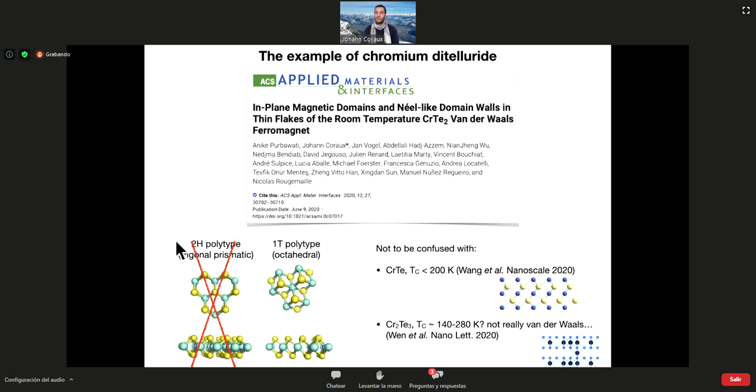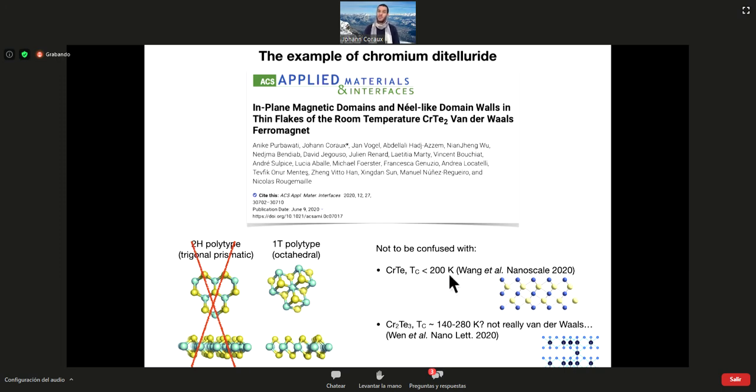You could have 2H or 1T polytypes. So you need to have this one. And also, if you mix chromium and tellurium together, you can have different compounds. So you have chromium telluride, not dichalcogenide, just a single tellurium atom, with a TC below 200K. This is a side view of the structure. You see it's a bit different from this one.